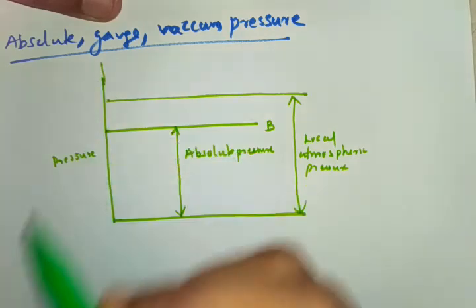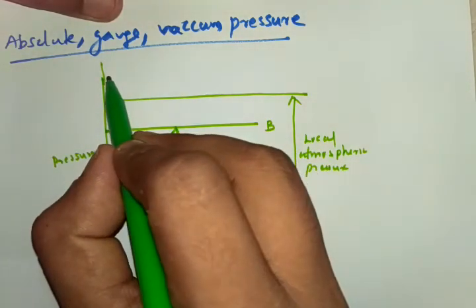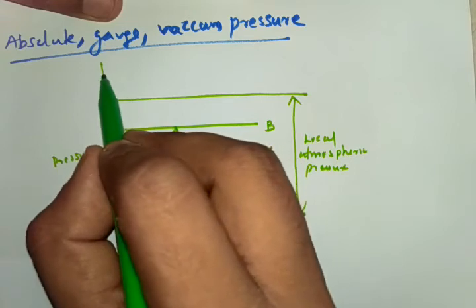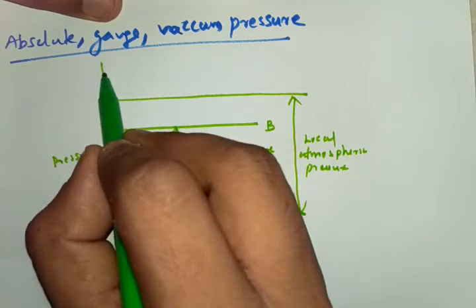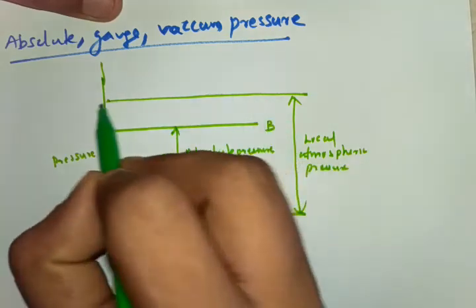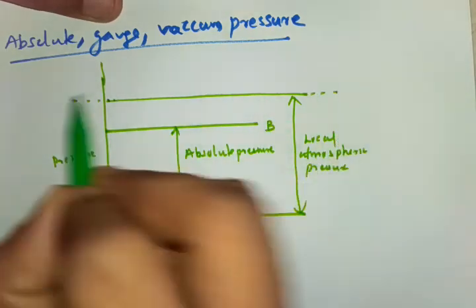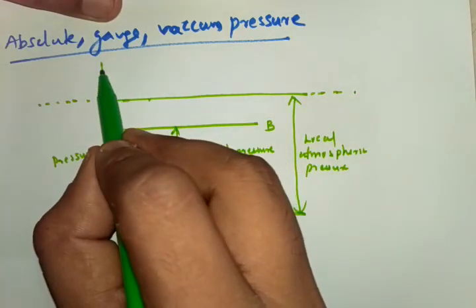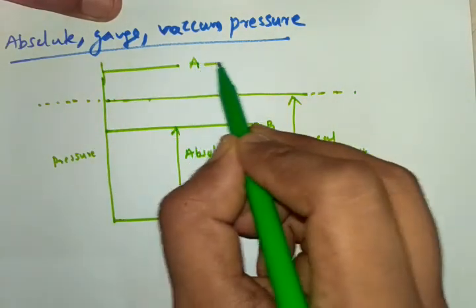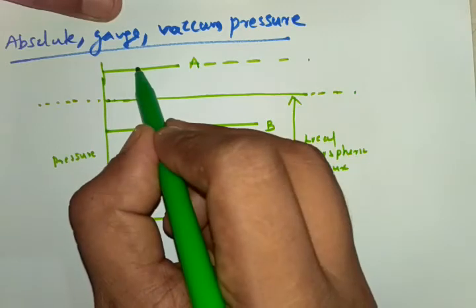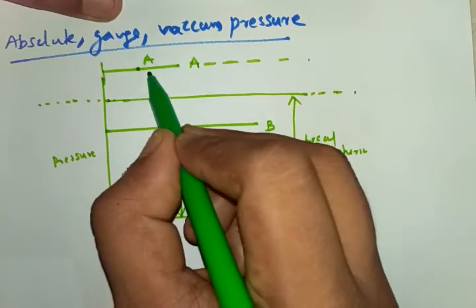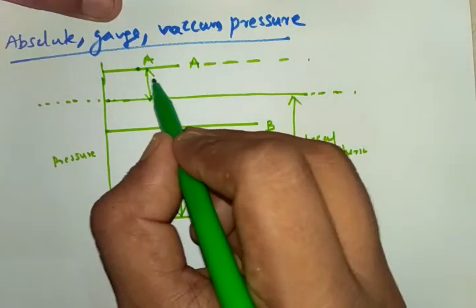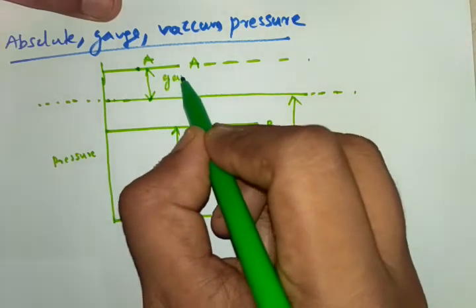Now you measure the pressure of any substance based on the surface pressure, based on this atmospheric pressure. Then let's take a point A. The pressure at A taken from the atmospheric pressure is called the gauge pressure.